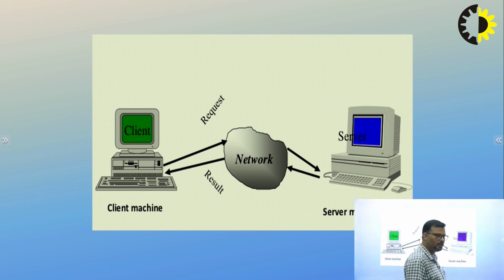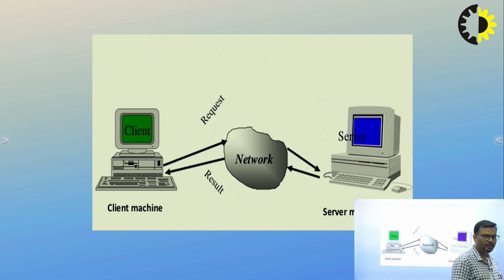Suppose that I am a client and another candidate is a server, and we want to send information to the server: hi, hello, how are you? I have just given a request, hi, so this is the request, and the server will provide the response.